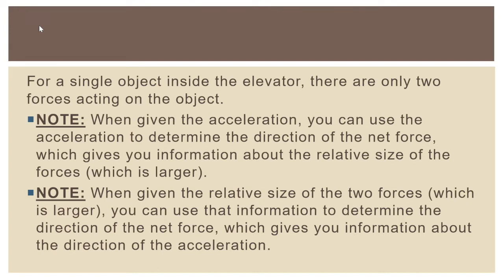If I tell you a person who weighs 600 newtons is standing on a scale, and the scale says 610 newtons, then the fact that the scale reading, which is the normal force, is bigger means the net force is upward. And if the net force is upward, the acceleration is upward.